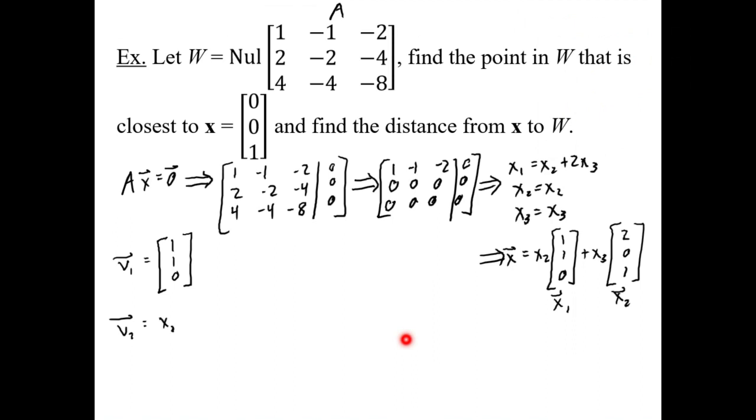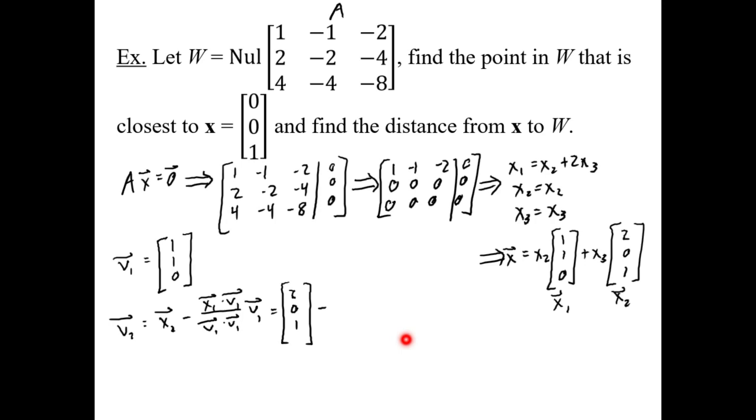v2 is x2 minus x1 dot v1 over v1 dot v1 times v1. That looks better. Okay, x2 is 2, 0, 1 minus x1 dot v1.